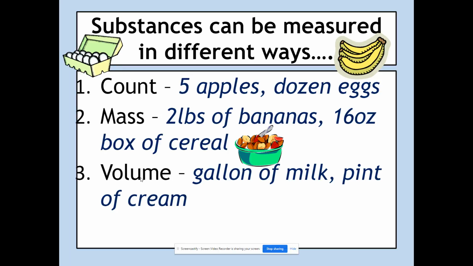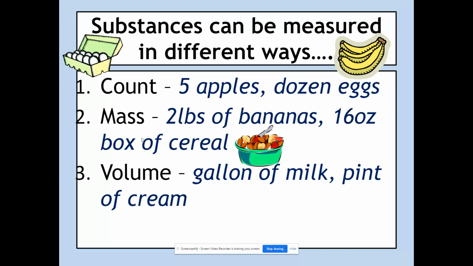This also applies in chemistry. We can measure any chemical by count, by mass, or by volume. So let's use the example of gold bars. If you walk into a really fancy bank vault, you can count, okay, there are 100 gold bars in here. But you can also take one of those gold bars and weigh it.